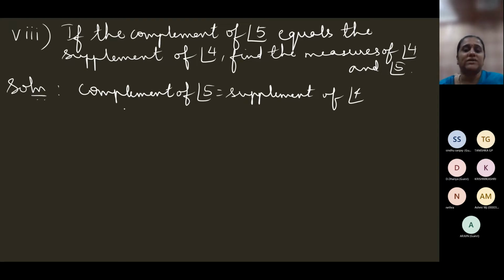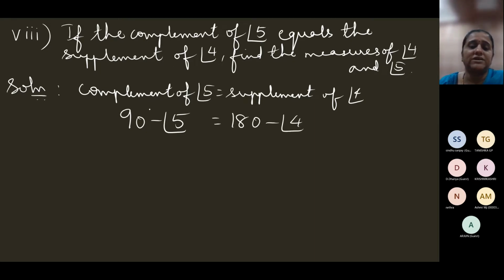Correct. What is the supplement of angle 4? 180 minus angle 4. Correct. Two angles are said to be complementary if their sum is 90 degrees. Two angles are said to be supplementary if their sum is 180 degrees.